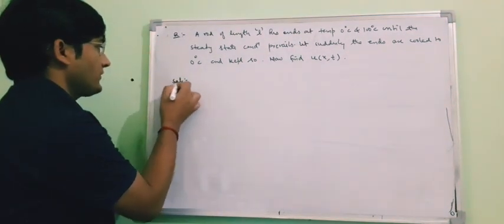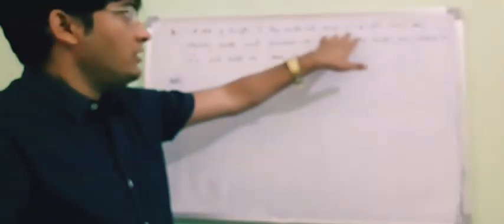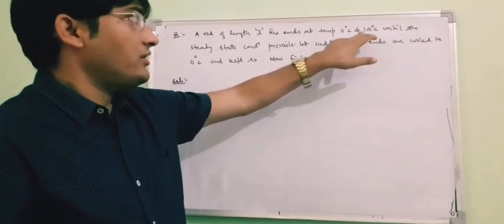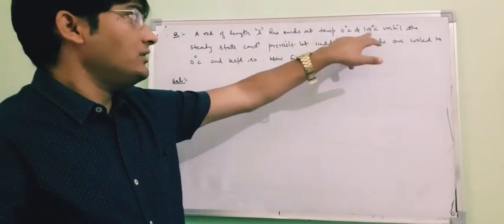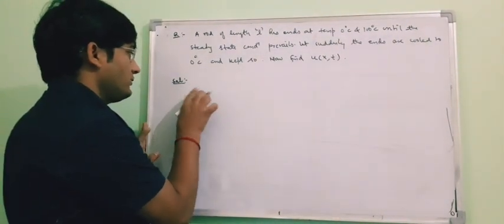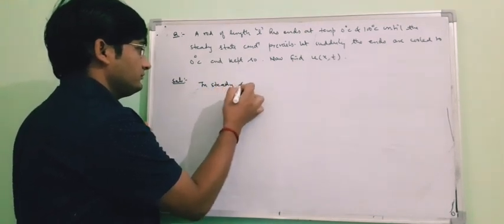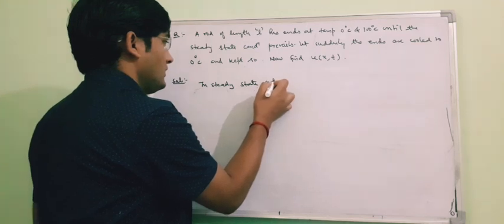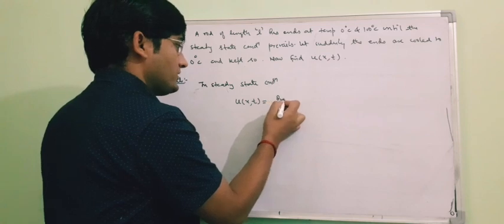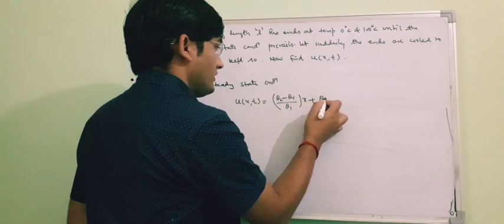So solution, this is similar to the previous question. Here you can see that in my previous question the initial temperatures were 20 degrees centigrade and 80 degrees centigrade. Now in place of 20 we have 0 and in place of 80 we have 100 degrees centigrade. So in steady state condition our u(x) will be (theta 2 minus theta 1) upon L into x plus theta 1.